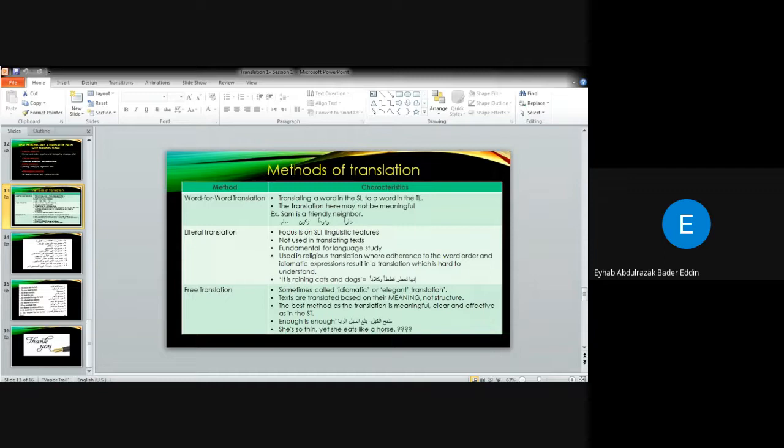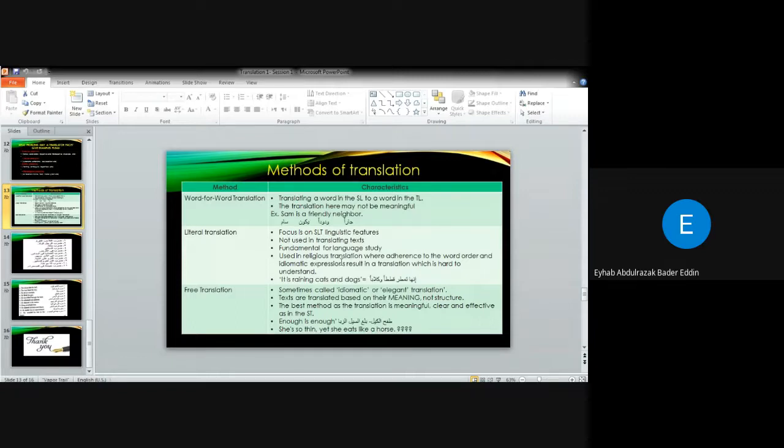This method of translation, literal translation, is used usually for contrastive linguistics, and it is also usually used in religious translation, في الترجمة الدينية, especially for example translating the Quran or the Bible, where adherence, الالتزام or commitment to the word order and idiomatic expressions results in a translation which is hard to understand.